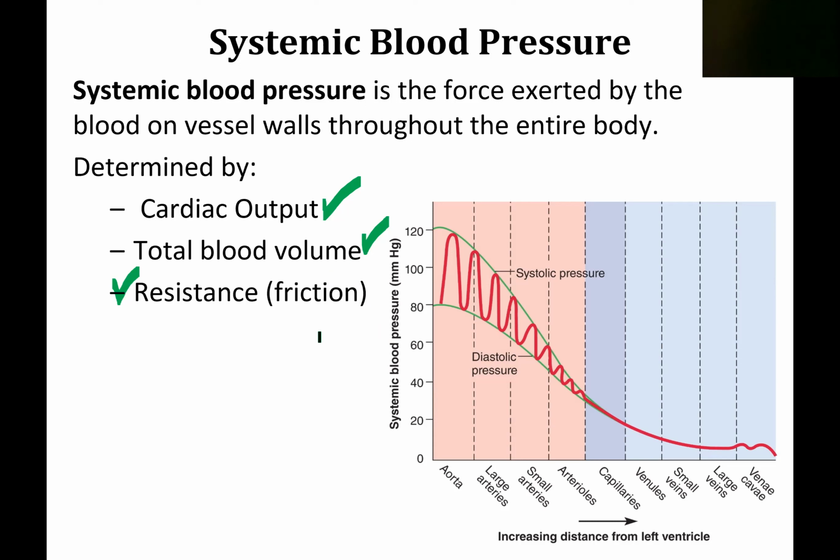If you have less resistance, you're going to have more pressure. So reverse, inverse relationship. Now, if we look at this graph, it again illustrates that most of the pressure is in the arteries. There's a medium amount of pressure in the capillaries, and the least amount of pressure is in the veins.